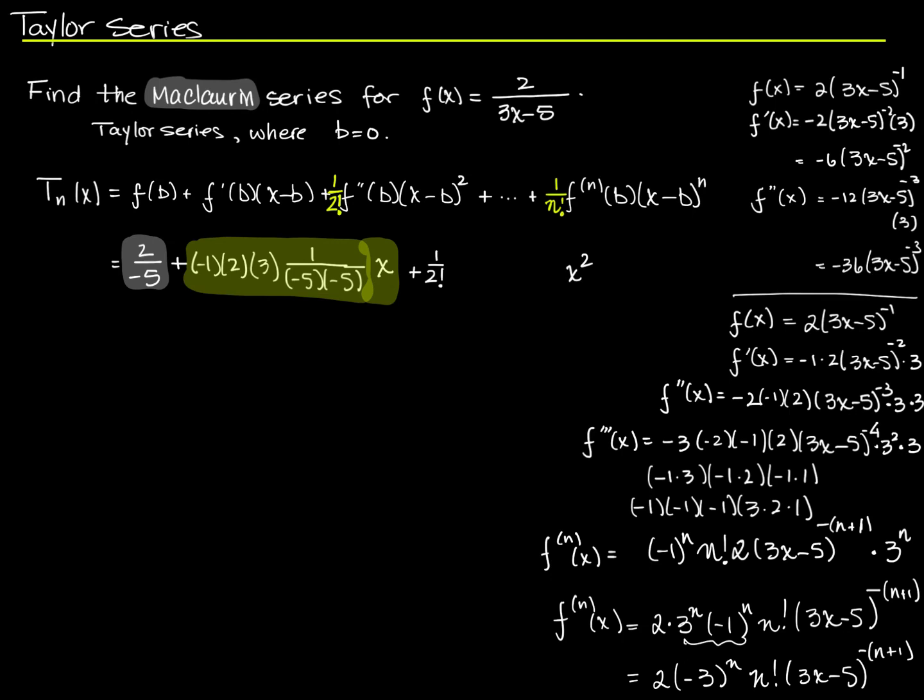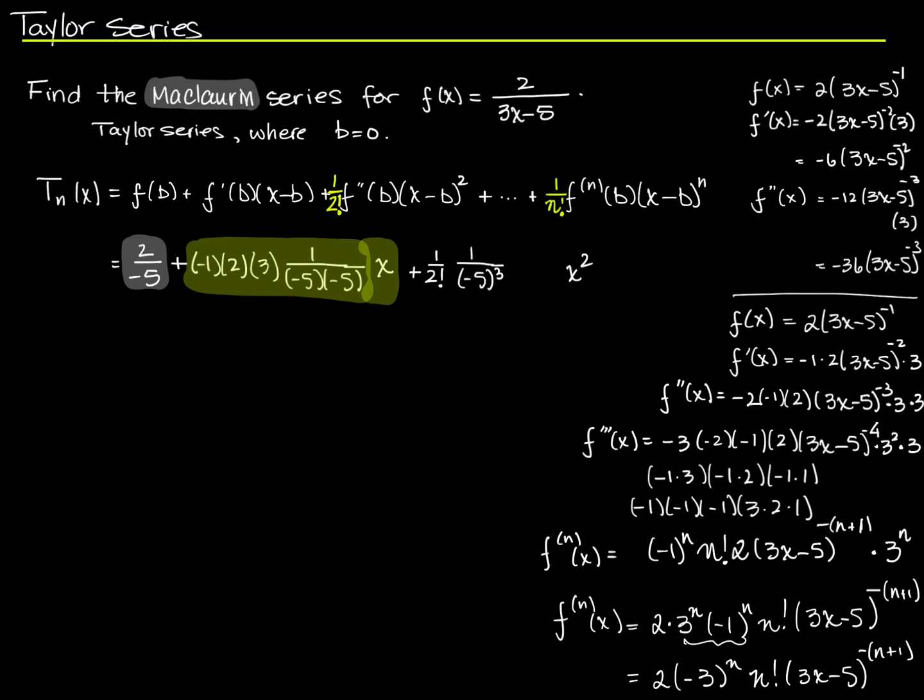So what goes in here is what I get when I evaluate this at 0. Well, this is going to be negative 5 to the power of negative 3, which is 1 over, and I think I'm going to start writing this as 1 over negative 5 to the power of 2.